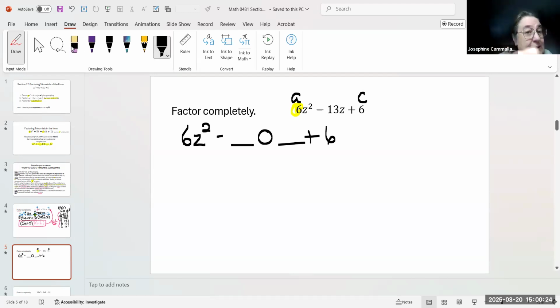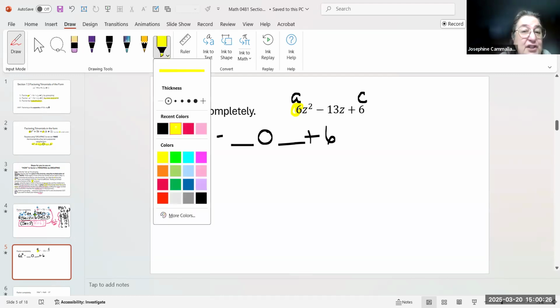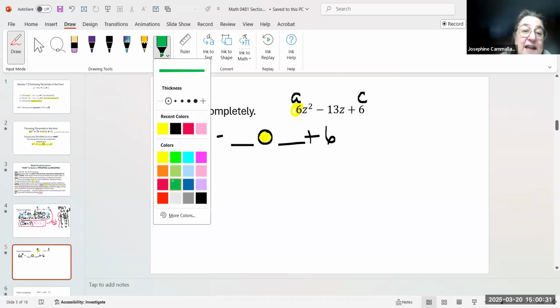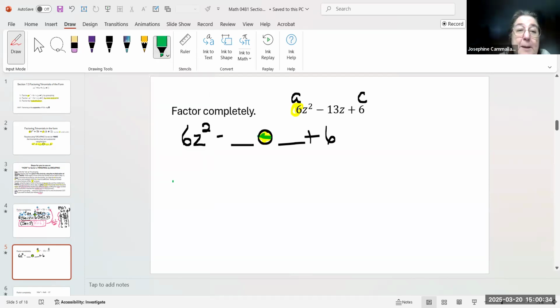Well, you got to find out what's in the middle, that circle. And hopefully you've learned that that's got to be a negative sign, because negative times negative is going to give me a positive. That's how I get that middle sign. And that 2 negatives means I'm adding the factors that are going to give me A times C, which is 36.